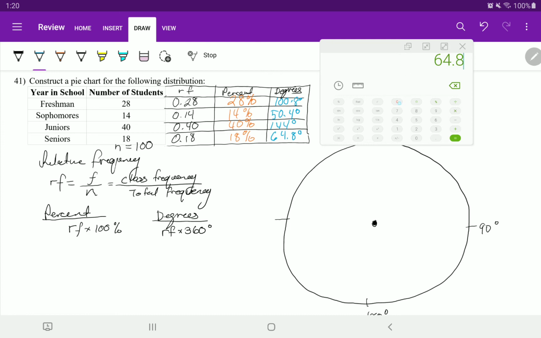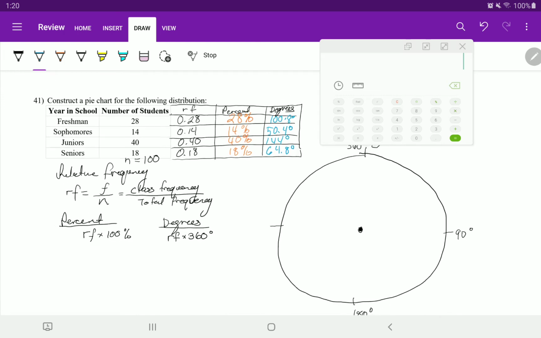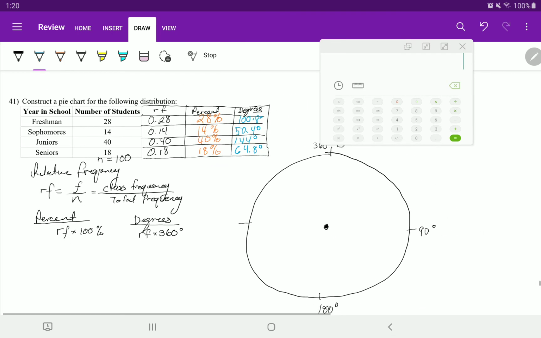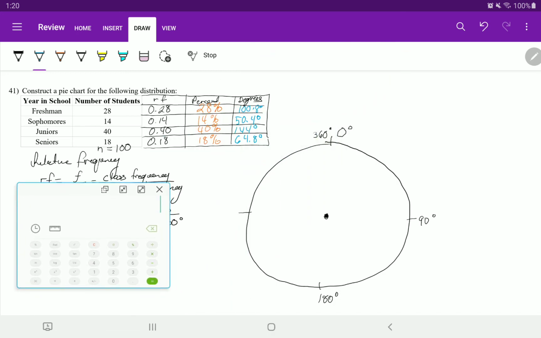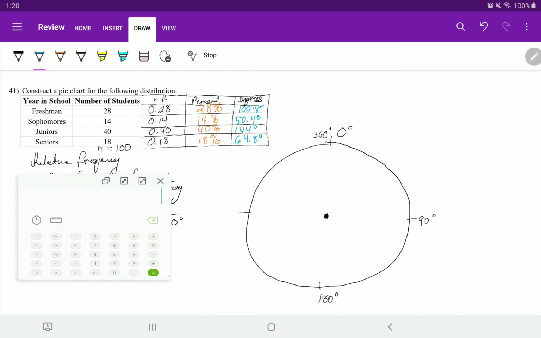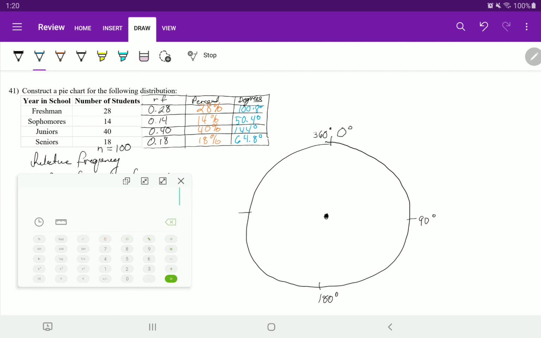Now let's construct our pie graph, our pie chart. Let me zoom out a little bit. Let me bring my calculator down here since I don't need the formulas that much anymore. Alright. What we're going to do first is estimate 100.8 degrees.